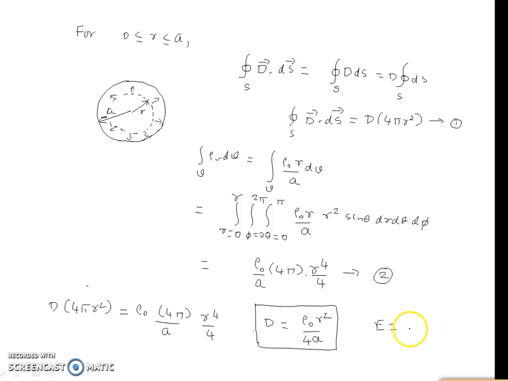The electric field intensity is given by rho naught r square divided by 4 epsilon naught a. So this is the expression for the electric field intensity between 0 to a.